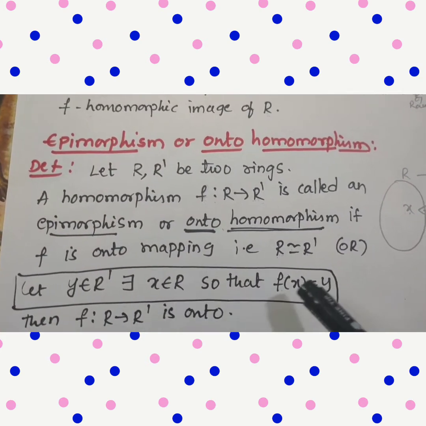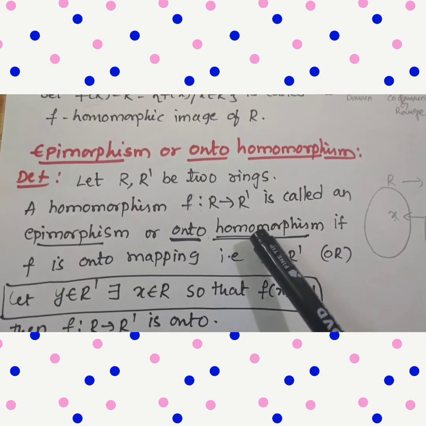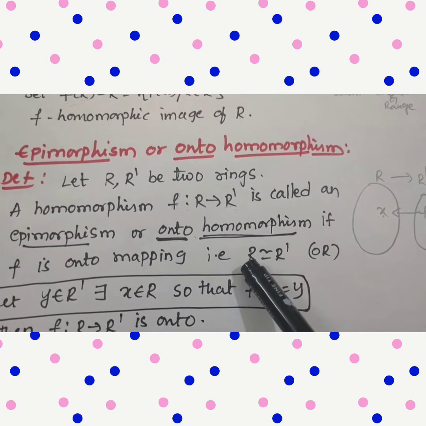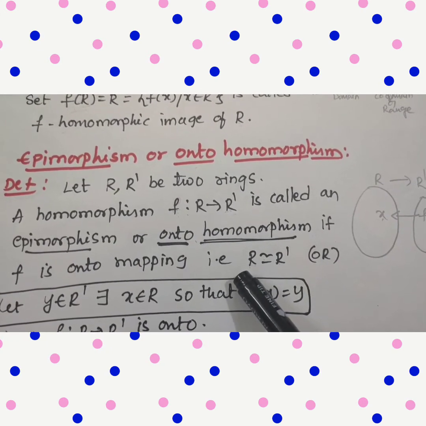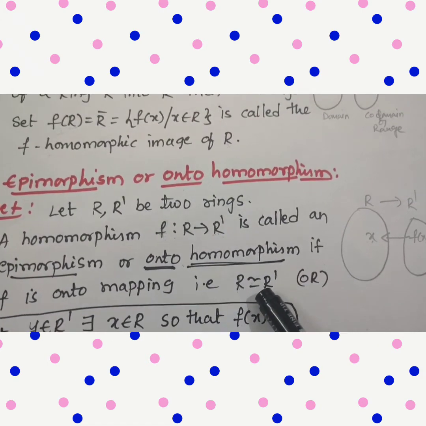This condition gives you the onto condition. This is also symbolically represented as R is epimorphic to R dash, or R is onto homomorphic to R dash.